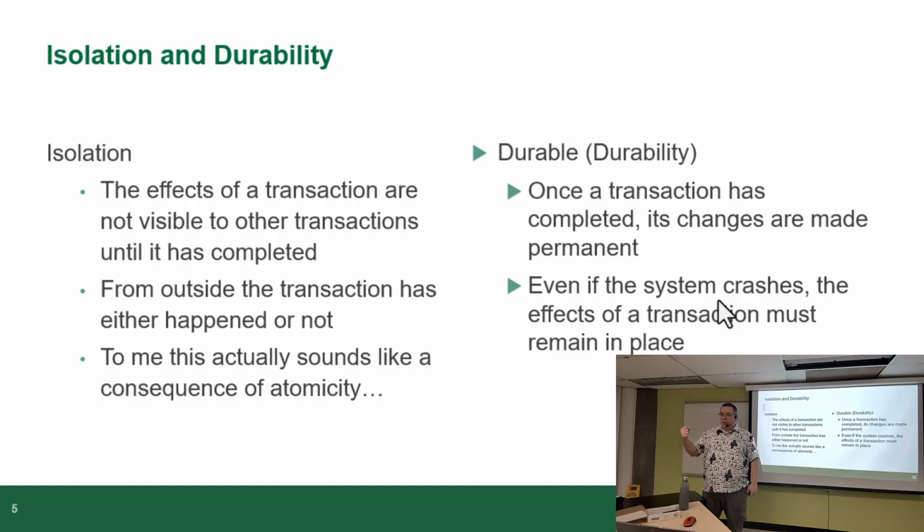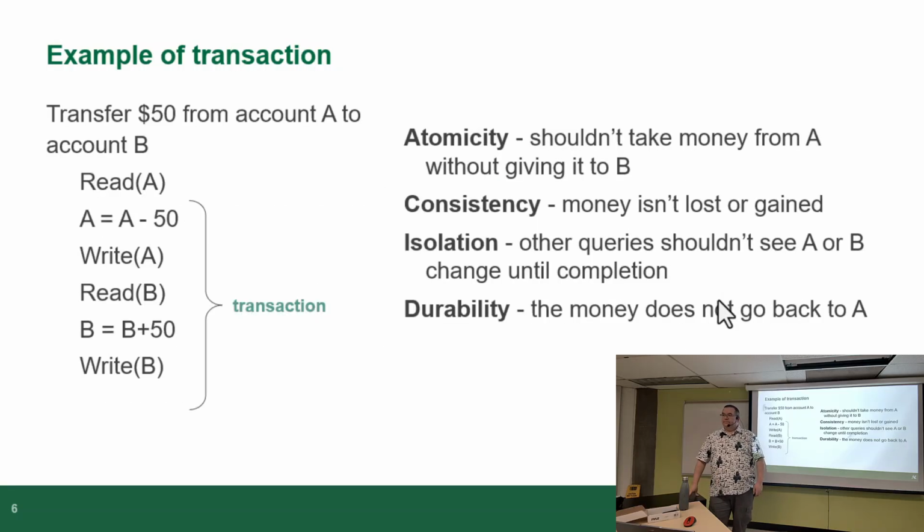Even if the server were to crash, the transaction must survive that, and there are things in place to make sure it happens. So you start a transaction, it becomes isolated, it does all the steps, it commits, then it's durable and everybody else can see the changes.